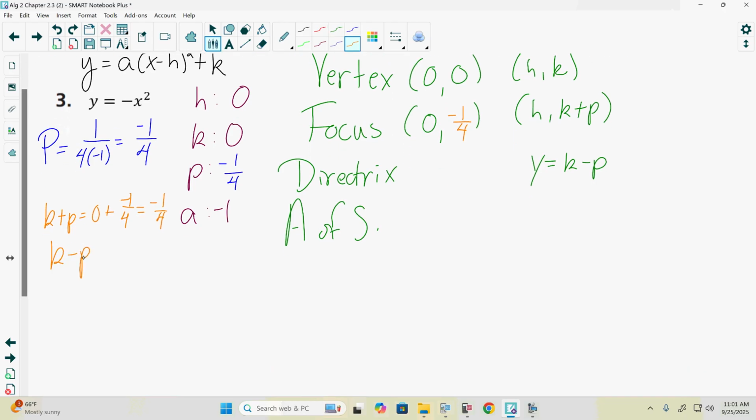Well, k minus p would be 0 minus negative 1/4, which would be 1/4. And that should be a y, not an x. And the axis of symmetry, x is equal to h. So x equals 0.